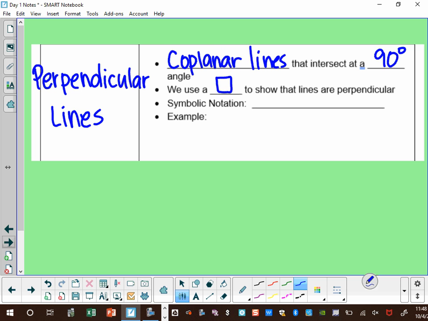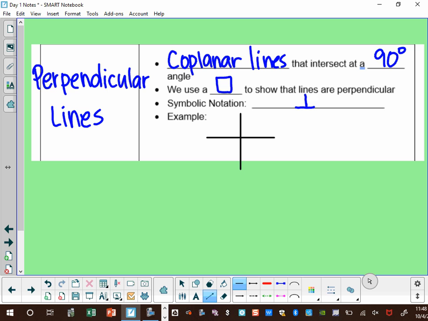Your symbolic notation looks like an upside down T. What about congruent? No, congruent is the equal sign with the squiggly line on top. Alright, so here's an example. Let's say I have 2 lines, and I have a square right there.